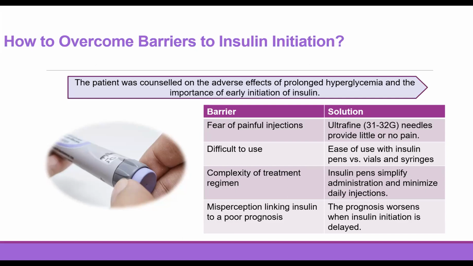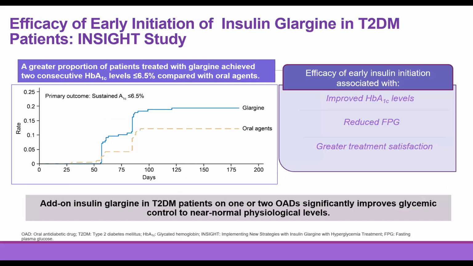But the patient died of renal failure, and the renal failure occurred because of poor glycemic control. So we should start insulin therapy at the right time, so that we can achieve a very good target and the patient doesn't land up with end-stage renal disease.